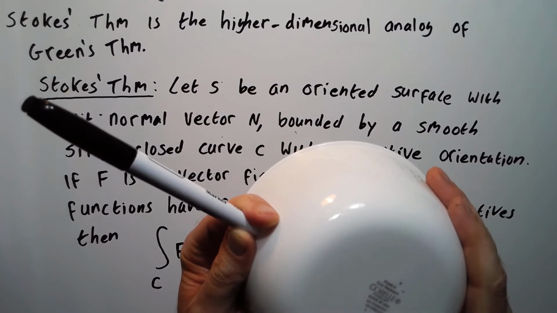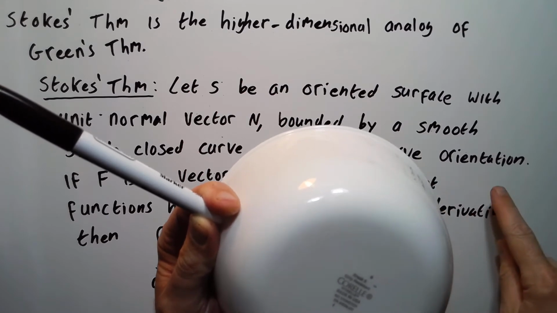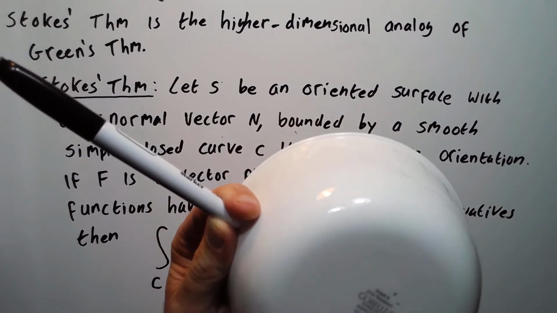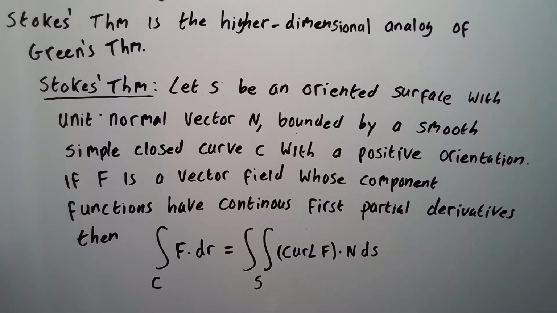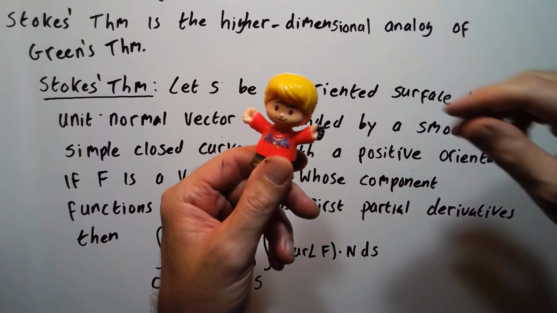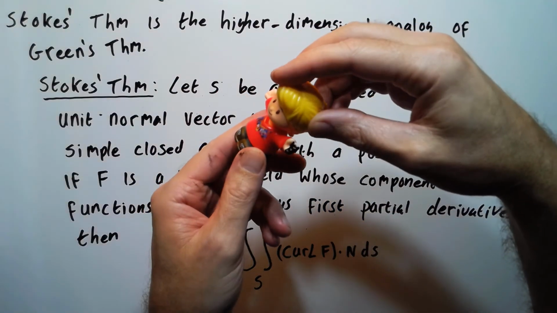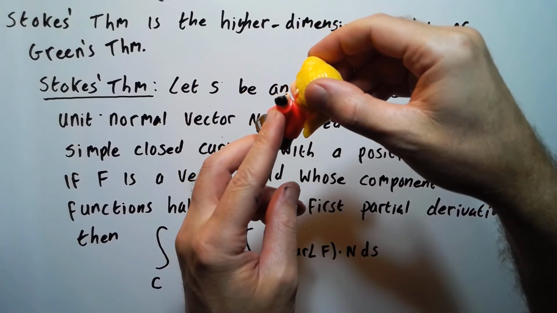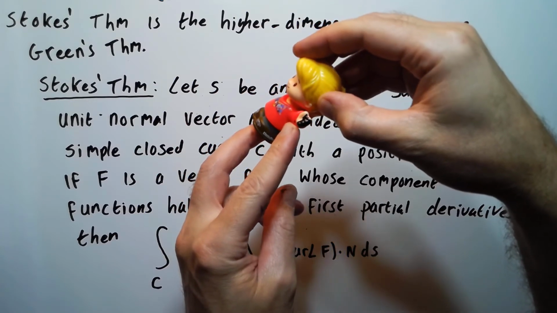Now when it says positive orientation, I was talking about the curve C, so let's talk about that. Suppose this is you here. I've marked your hand with a black mark to keep track of it.